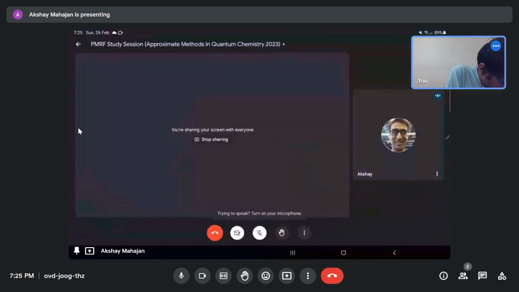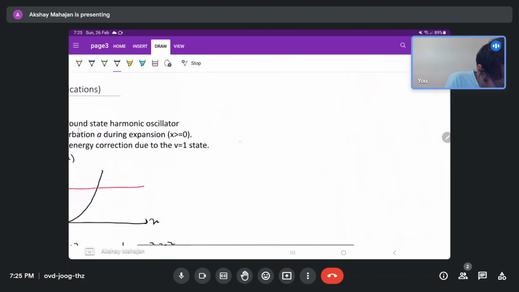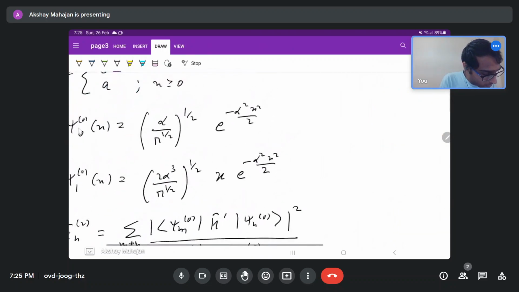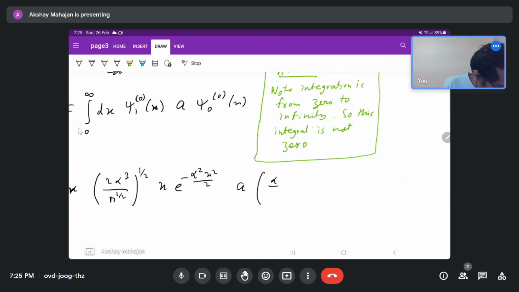To the power 1 by 2, times x, e to the power minus alpha square x square by 2, times a constant a, times alpha upon pi to the power 1 by 2, whole to the power 1 by 2, e to the minus alpha square x square by 2.